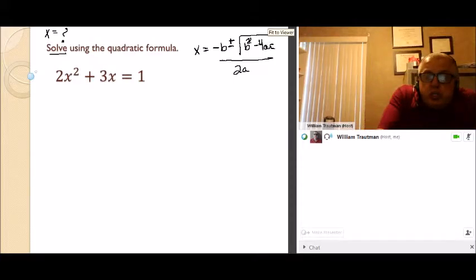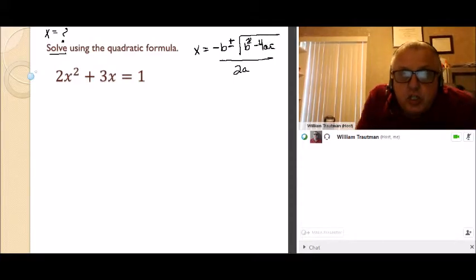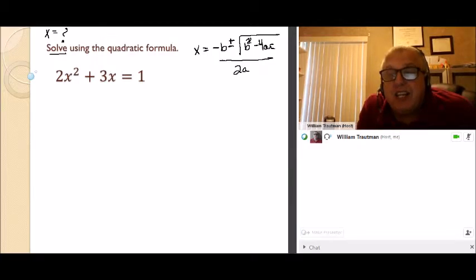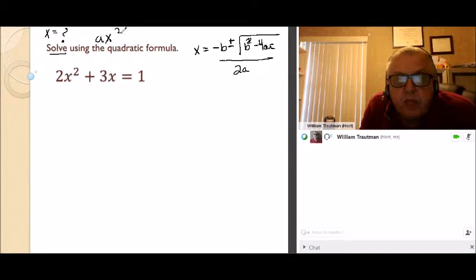In order to use the quadratic formula, you have to make your quadratic equation look like this: ax squared plus or minus bx plus c equals 0.